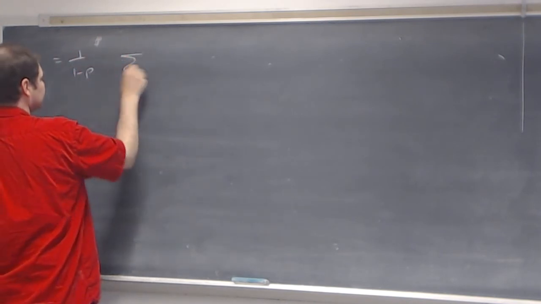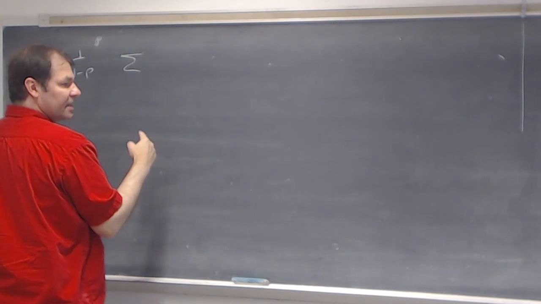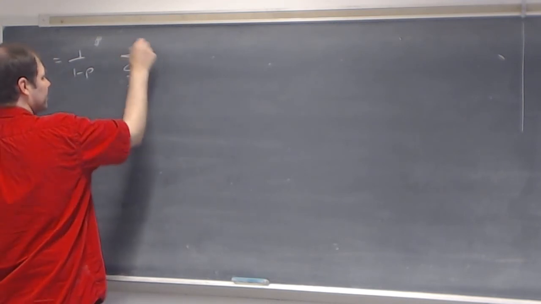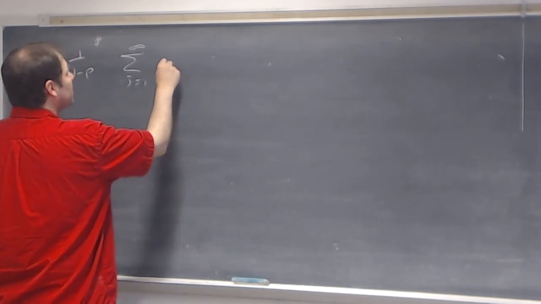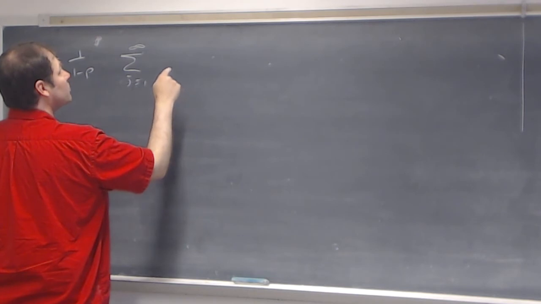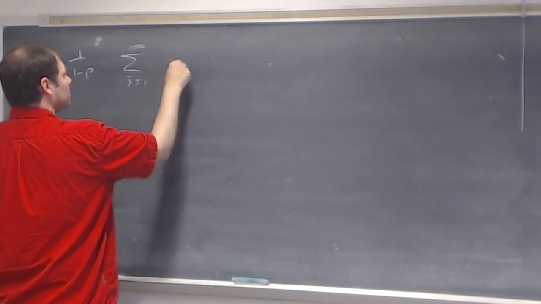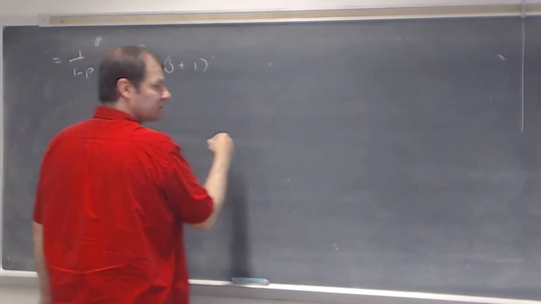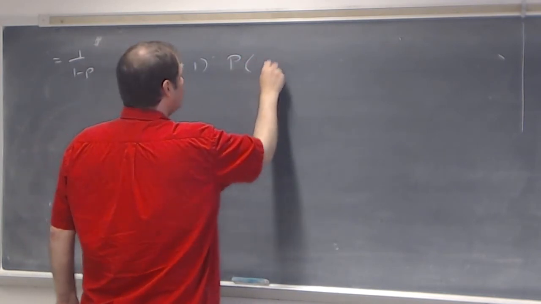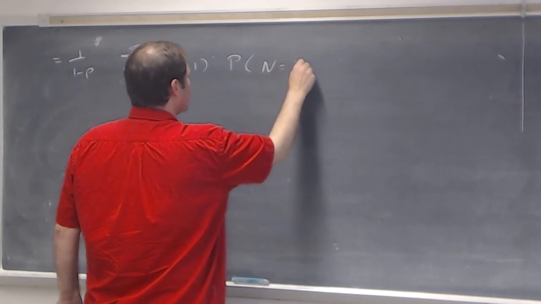Remember, we're making this substitution, so j is equal to n minus 1. N started at 2, so j is going to start at 1 to infinity. Since j is equal to n minus 1, n is equal to j plus 1. So j plus 1 is what n was, and then this is the probability that N is equal to j plus 1.